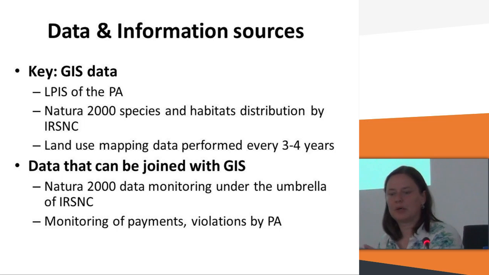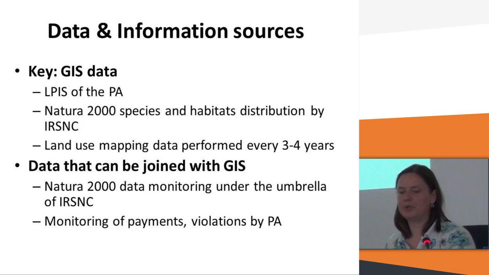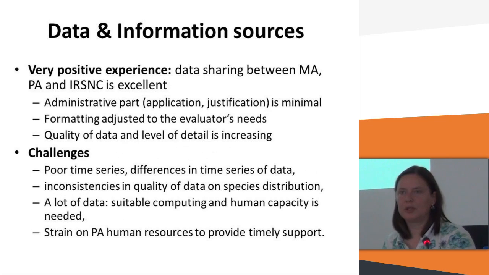I talked already about the information sources. There are 3 key data sets: LPs, Natura 2000, and land use mapping, which is done every 3 to 4 years. And we just could join these in GIS. We Slovenes are usually very critical, but I have to stress the positive experience that data sharing here was not a problem. It was easily obtainable in the format that we wanted.